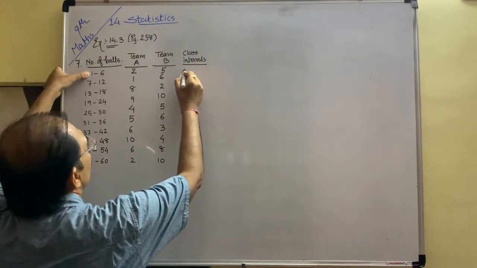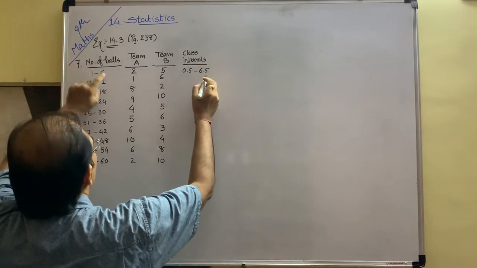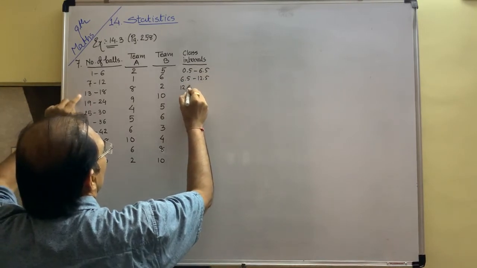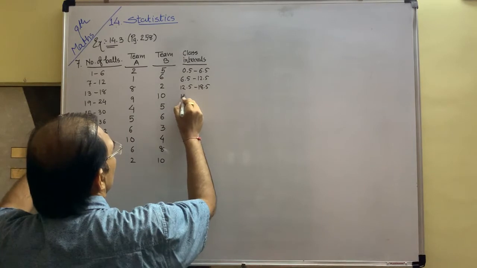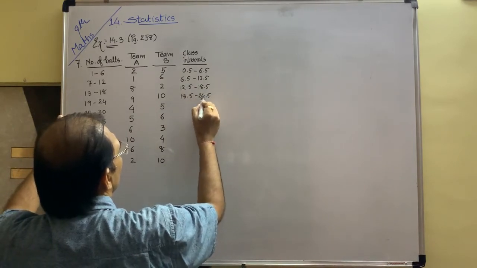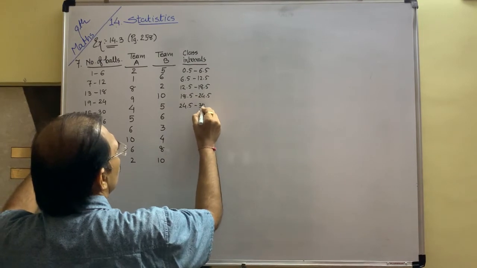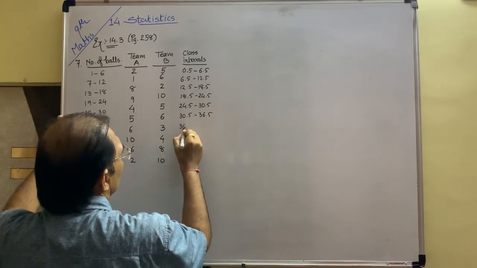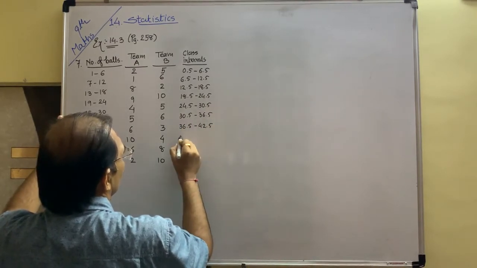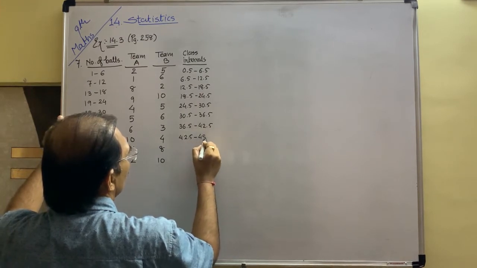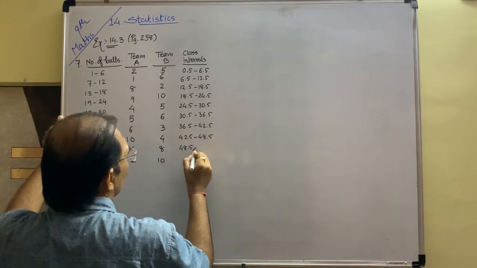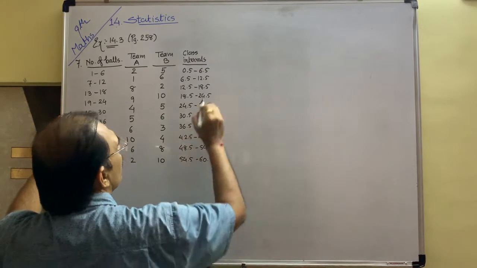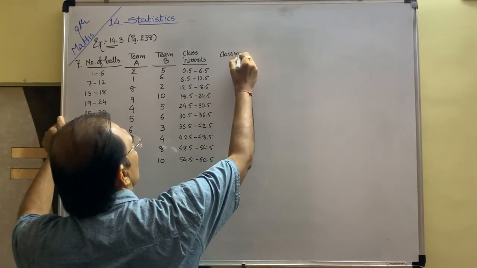Subtract 0.5 from 1, so 0.5 to 6.5, add 0.5 here. 6.5 to 12.5, 12.5 to 18.5, 18.5 to 24.5, 24.5 to 30.5, 30.5 to 36.5, 36.5 to 42.5, 42.5 to 48.5, 48.5 to 54.5, 54.5 to 60.5.